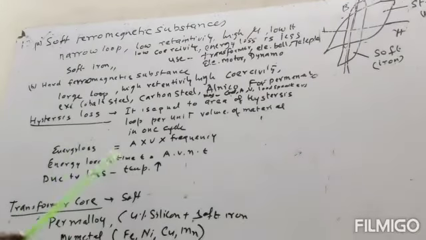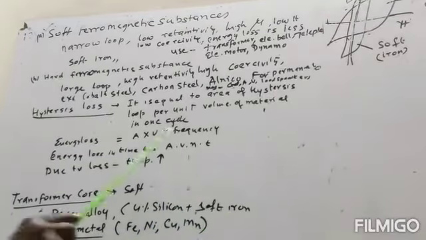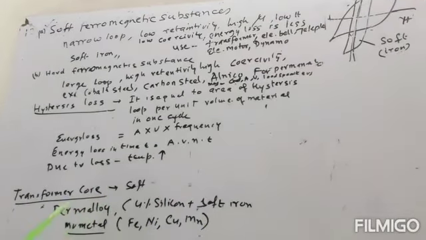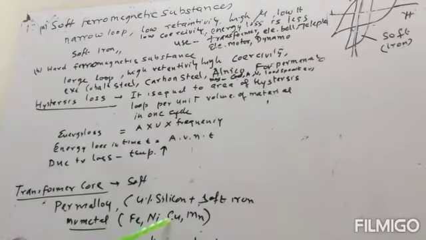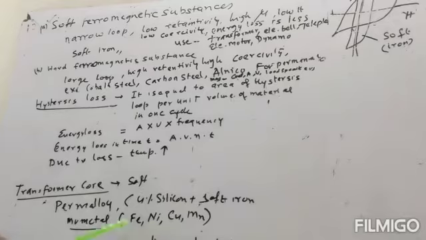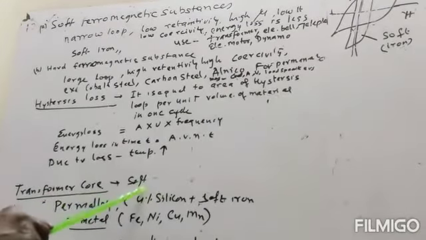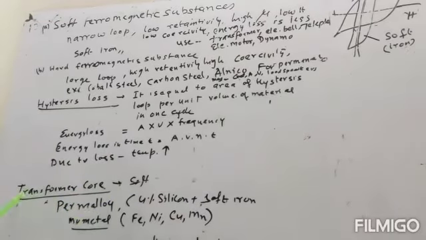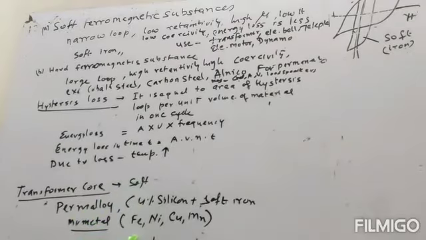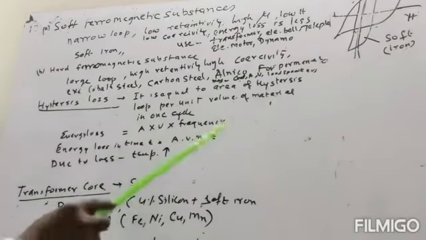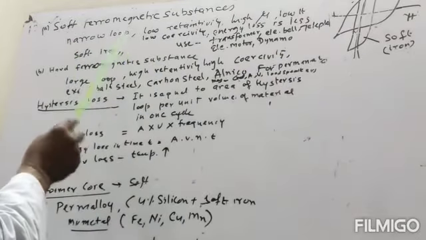Permalloy is 4% silicon plus iron. Then we can say mu metal. Mu metal is an alloy of iron, nickel, copper and manganese. So these are the soft ferromagnetic substances, and they are used for the core of the transformer, and for the electrical bell and telephone we will use soft iron.